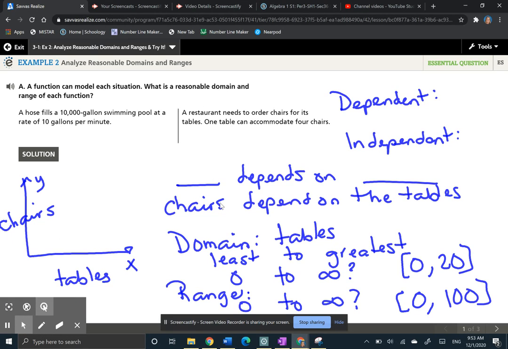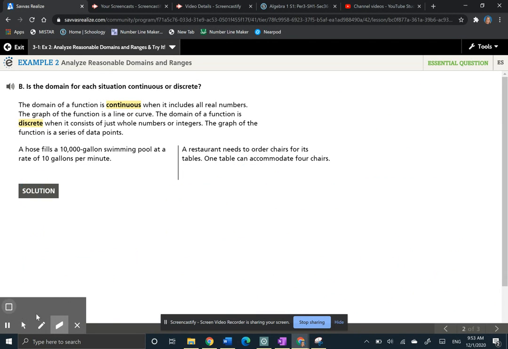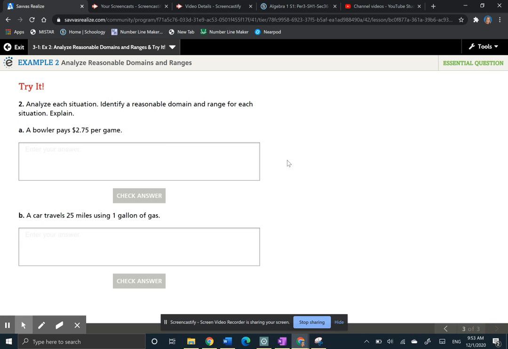All right. So then example 2, this one here, let me erase this. Continuous and discrete. You can go through this one on your own because we're not going to use this yet. And then go ahead and go to the triad. It says analyze each situation, identify a reasonable domain and range for each situation, explain.